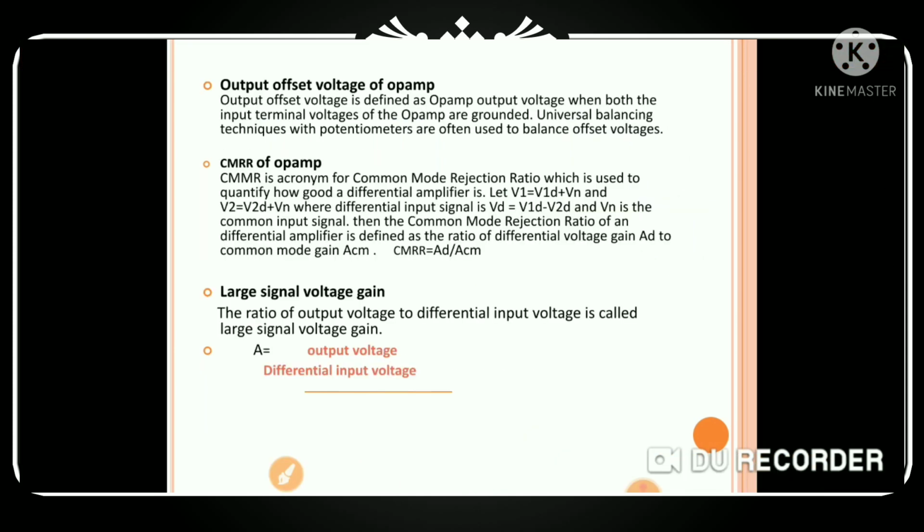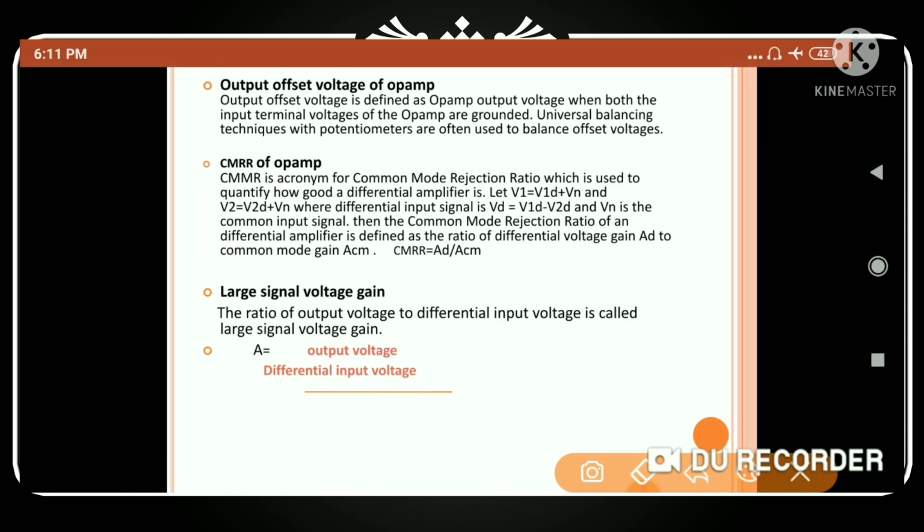So the next one, output offset voltage of an op-amp. What is output offset voltage? In input offset voltage, whatever input is given, the output must be 0. But here, output offset voltage is defined as the op-amp output voltage when both the input terminal voltages of the op-amp are grounded. Universal balancing techniques with potentiometers are often used to balance the offset voltage.